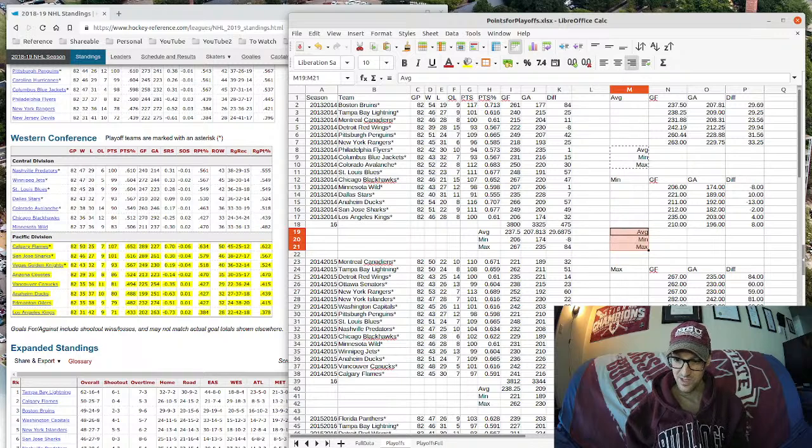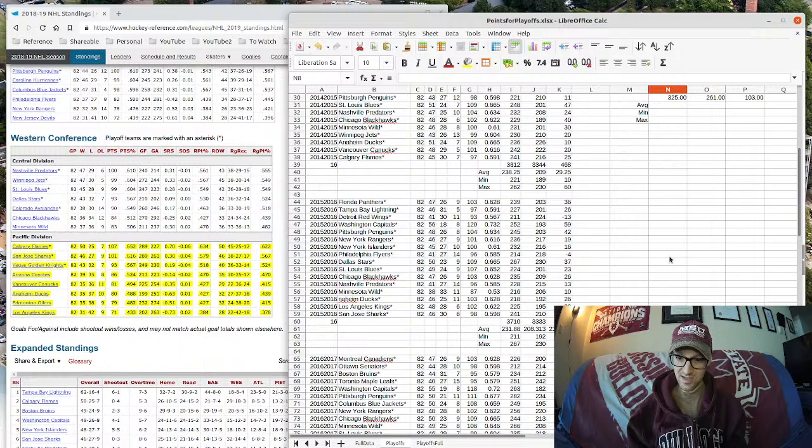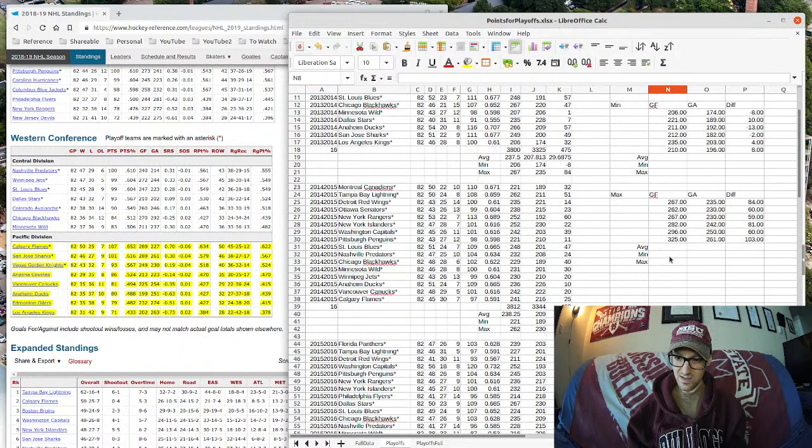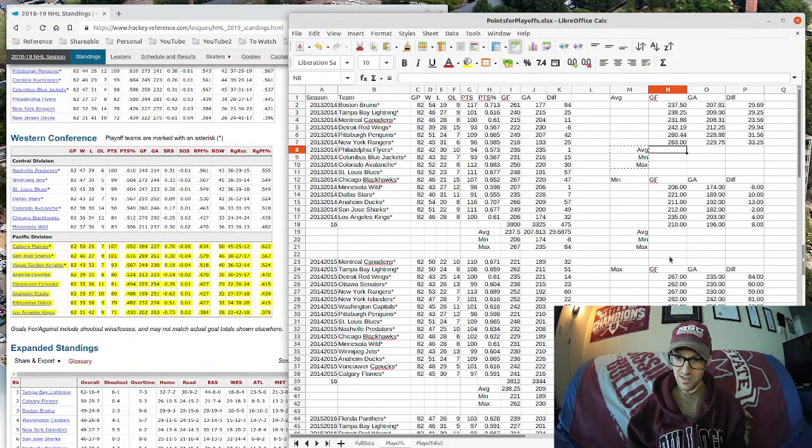Okay, so now I'm nearly done. I just want to also do min, max, and average for each season. Sorry, for each data point, is what I meant. So we want, oh, I need to move that down one.